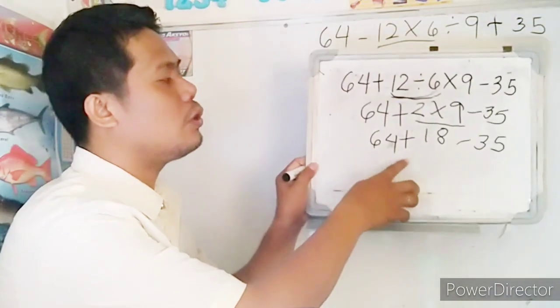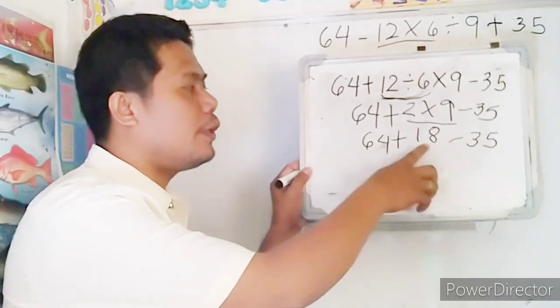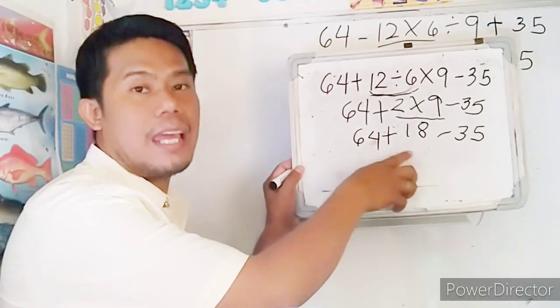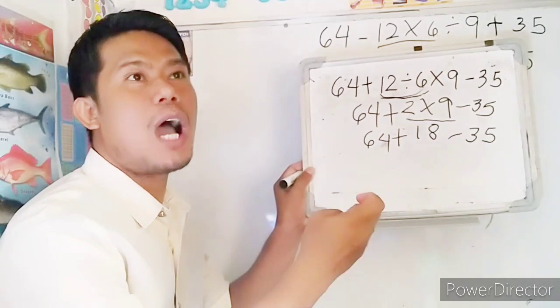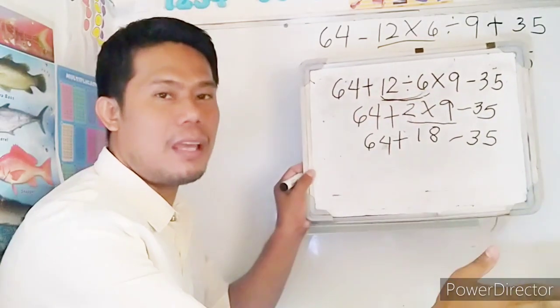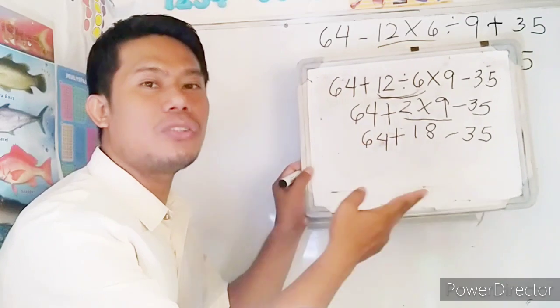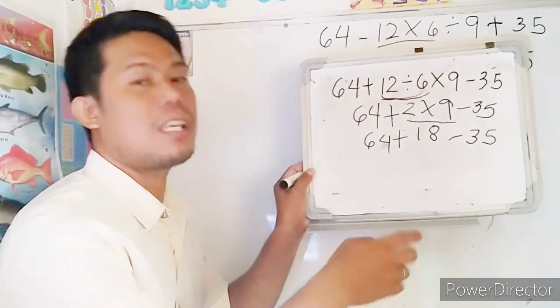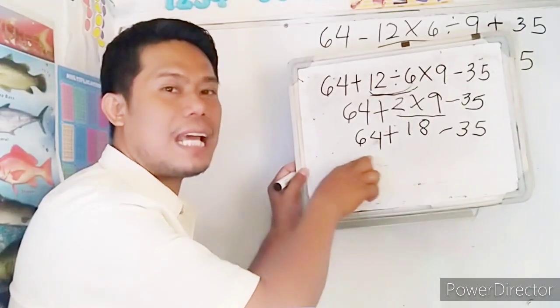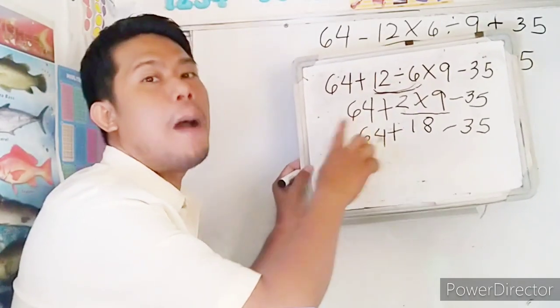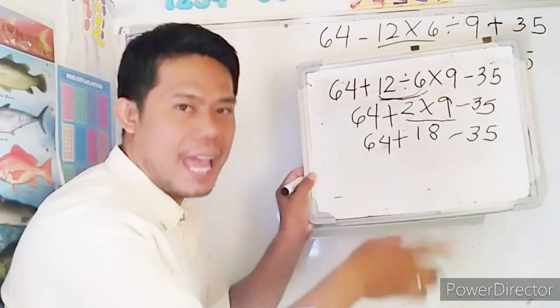While here in this equation, addition comes first or written on the left side. Yun po ang tinatawag natin. According to, you're going to start from the left. It's either addition or subtraction. It's either multiplication or division. So, kung sino ang mauna sa kanila dito, what comes first from the left side.